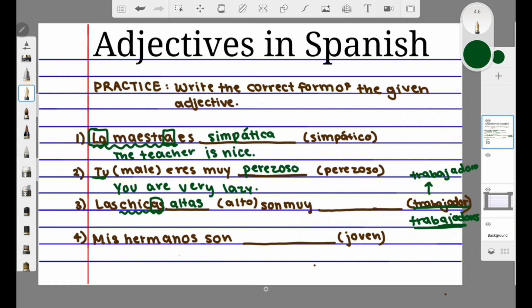And from there, if it's plural, it becomes trabajadoras. So this one is a little bit of an irregular one that you need to keep in mind, which is why I included that. It doesn't really follow the rules. And this means the tall girls are very hardworking.